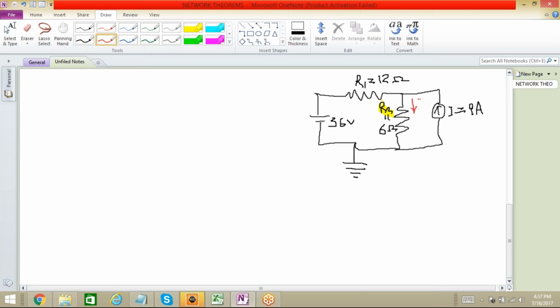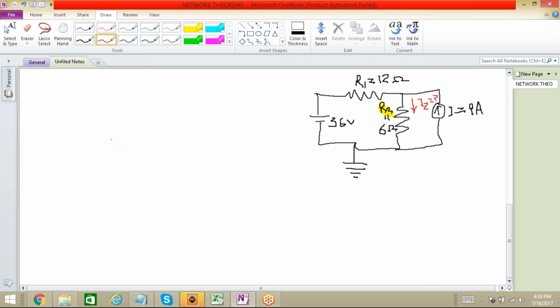Let's say this is I2, and we have to calculate its value. So we have to find the current flowing through, which is I2.